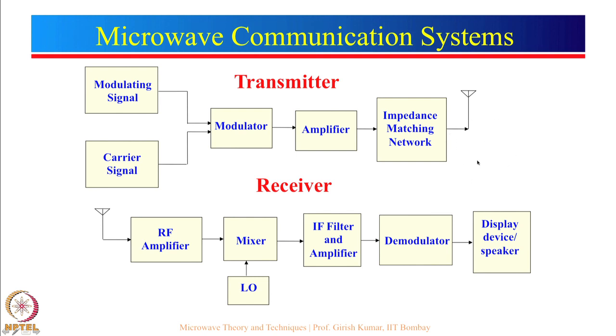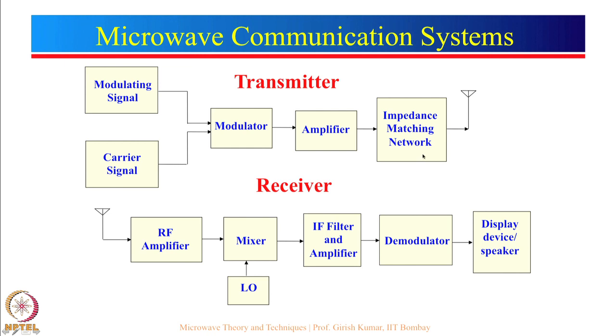Also, the maximum power transfer theorem says that if the output impedance is 2 ohm, the input impedance at this point should be 2 ohm. So, this 50 ohm has to be converted to either 2 ohm or kilo ohm depending upon the application. What we really need is a lossless impedance matching network.